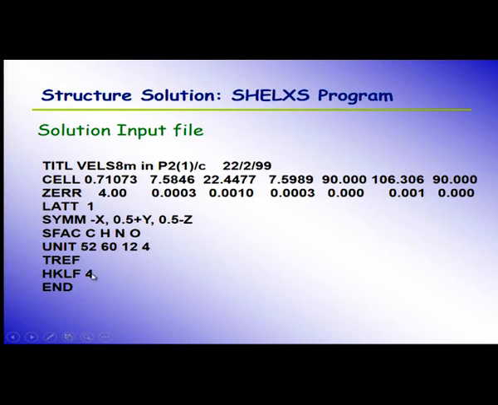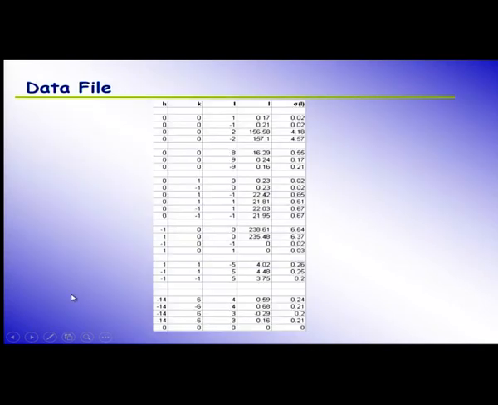HKLF 4 means your intensity data collected is of the form Bragg reflection HKL, intensity, standard deviation. This is the end. The program expects another file known as the .hkl file. If the previous file name is x.ins, this instruction file, you have to give it as x.hkl.